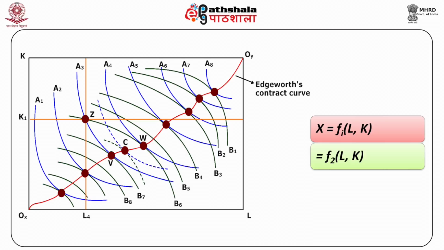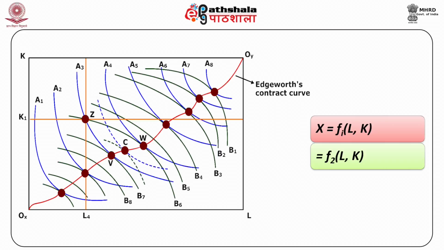Now, excluding the point Z because it is not an optimal point, we pick up all those points at which the two isoquants A and B as a family of isoquants are successively in tangency with their paired isoquant.